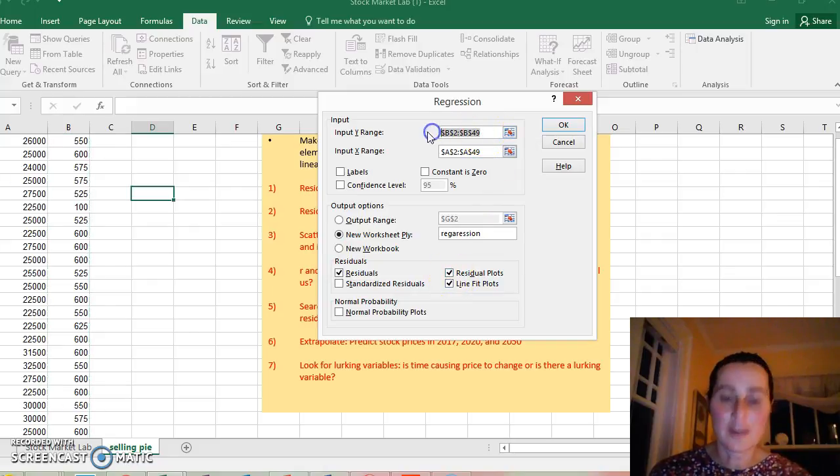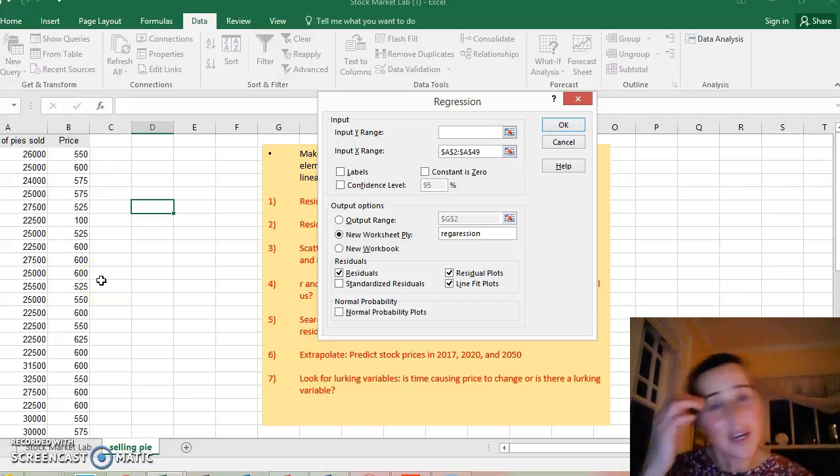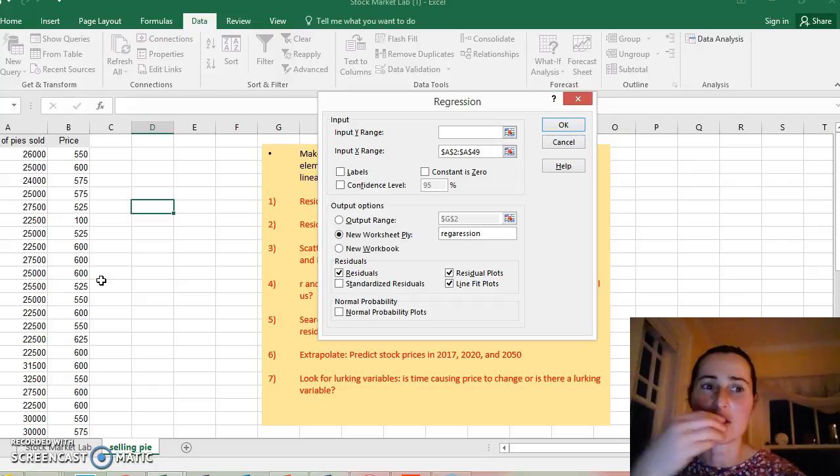You need to do your Y input. So here you actually have to think, what is the Y input? In the case of pies, I'm looking at the pie example, Y is always your response variable, so that's responding. So the question is the thing that's responding, is it the price? So this would also be the dependent variable, or is it the number of pies sold? So is price causing the number of pies sold, affecting that?